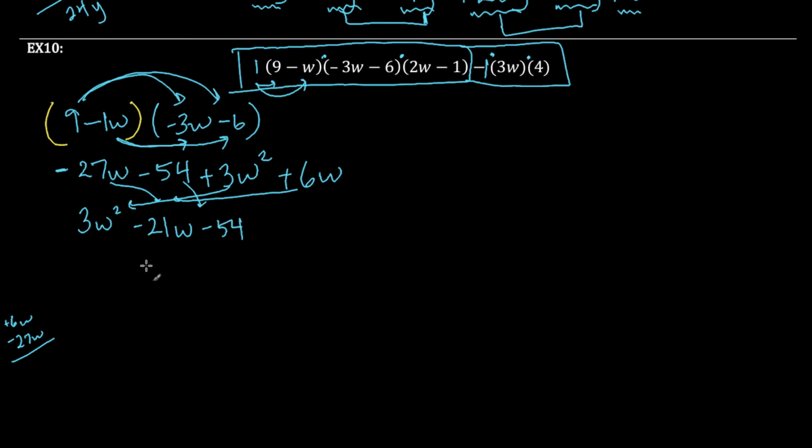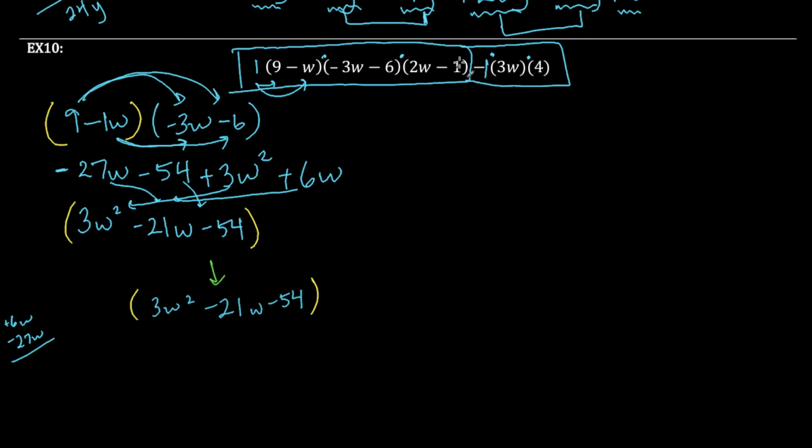Okay. So just for visual sake, I will take this. I want to multiply one more time, but I'm going to write it a little further down so it's not too squished. So 3w squared minus 21w minus 54.